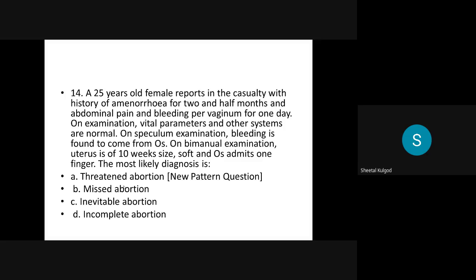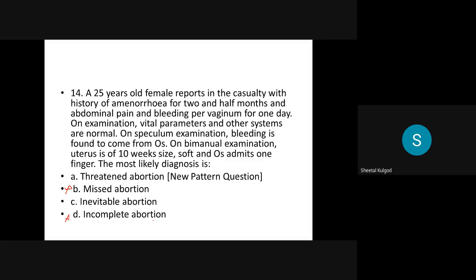Similarly, in incomplete abortion also, the size of the uterus will be lesser than the gestational age, because in incomplete abortion what would have happened is that the products would have partially expelled. Once there is expulsion of some products, the size of the uterus will automatically come down, is it not?